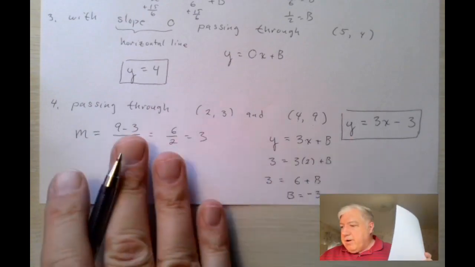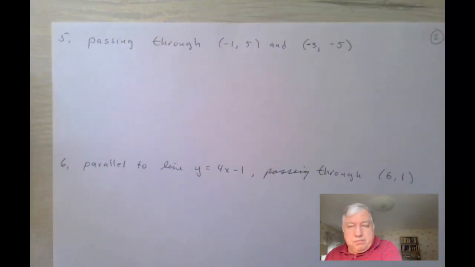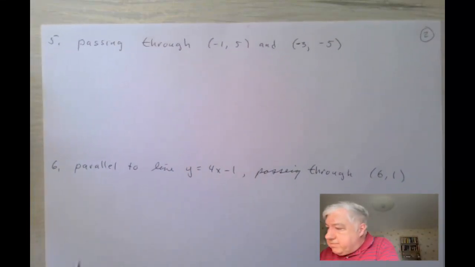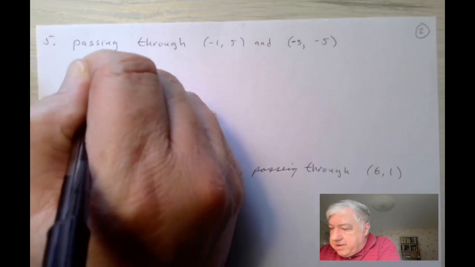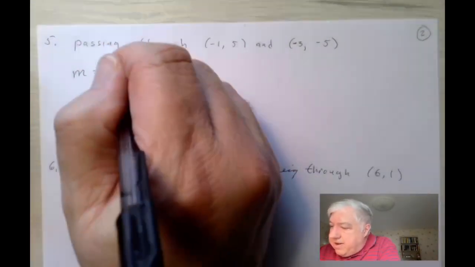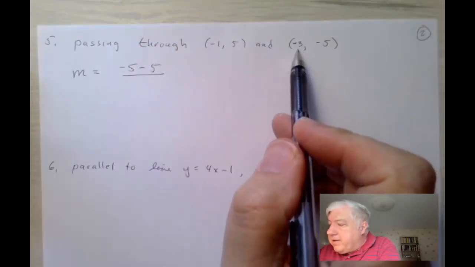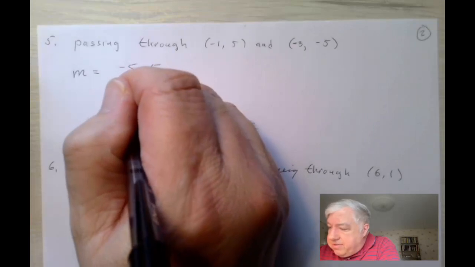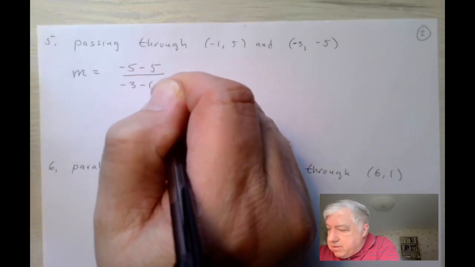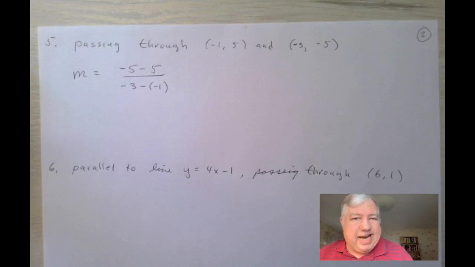Let's do another one. Another example where we have some negative numbers here. Same thing. We need to calculate the slope first. This will be negative 5 minus 5 over negative 3 minus negative 1. Okay, you have to be a little careful with all these minuses here.